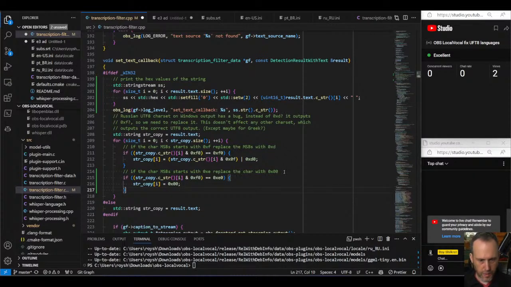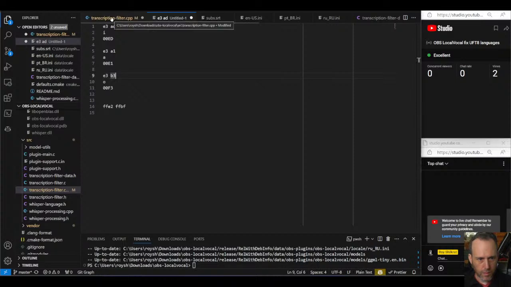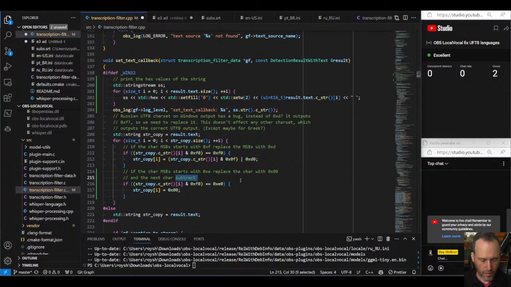Okay. That's weird. This char is 00. And the next char, I need to subtract. Let's just do this bespoke. Turn an A to an E and a B to an F. Replace 0xA with 0xE, 0xB with 0xF.